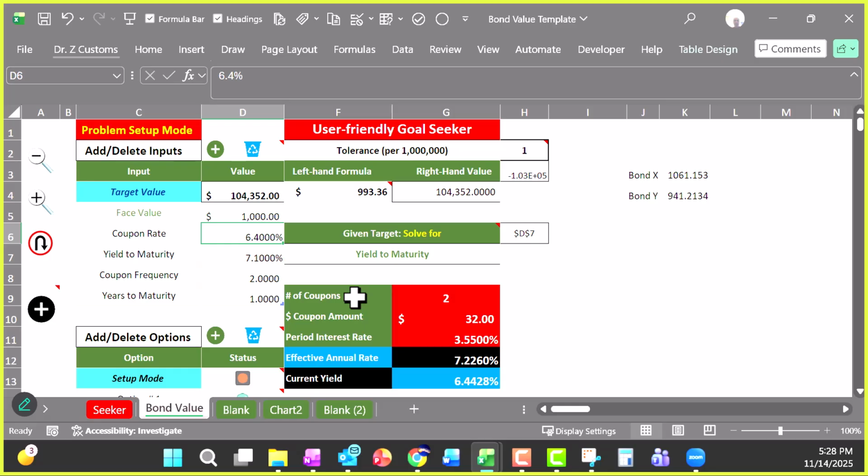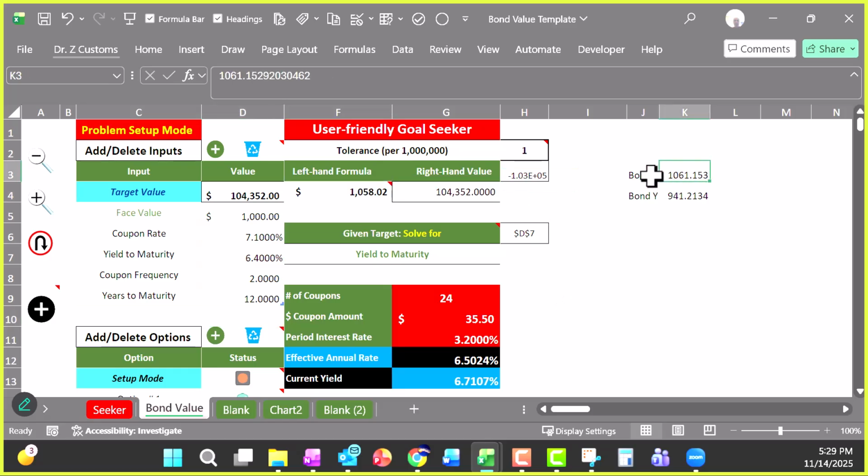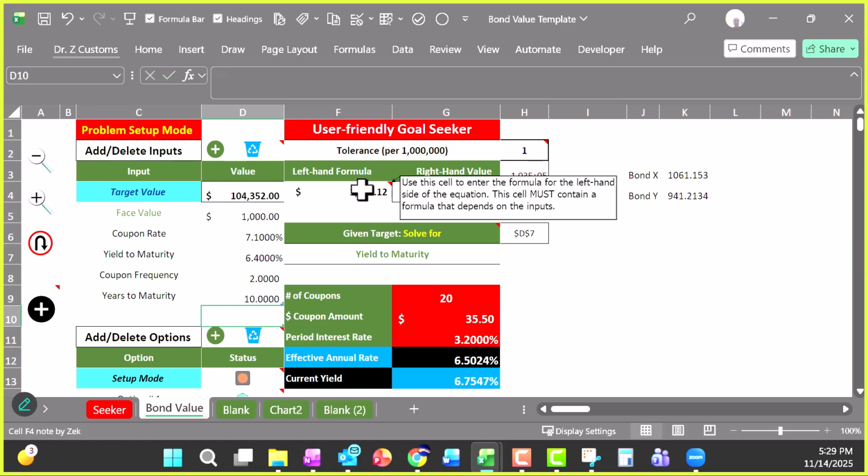If we did the same thing for the premium bond, 1 year from now, this is the original value, the bond value is going to go down. 3 years from now, it's going to go down even more.